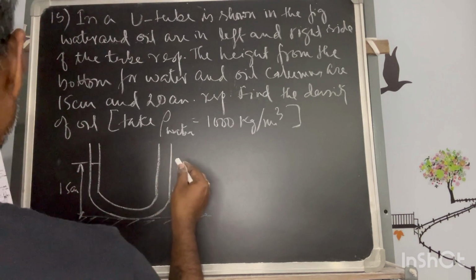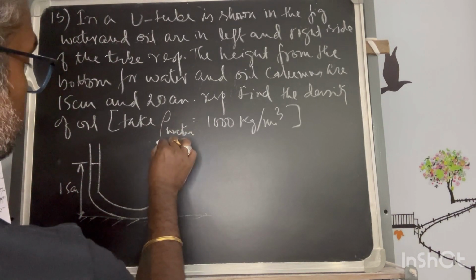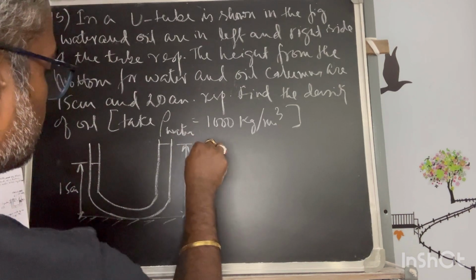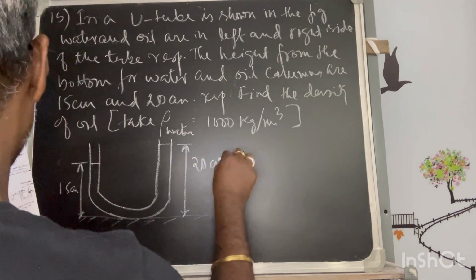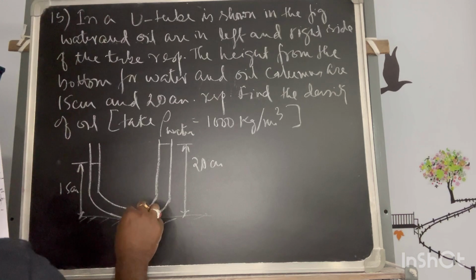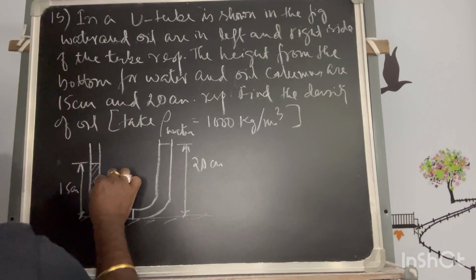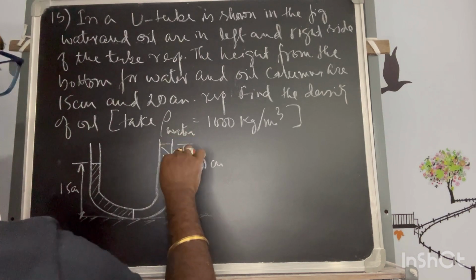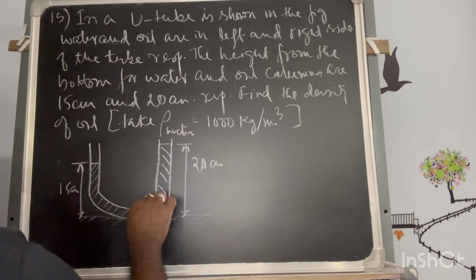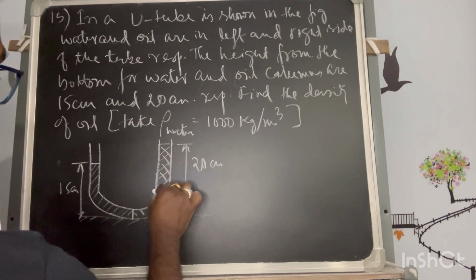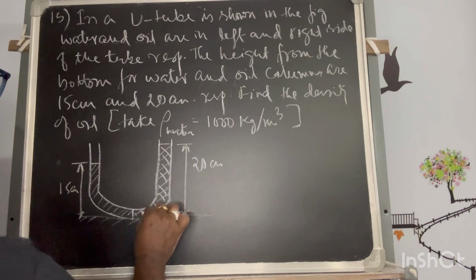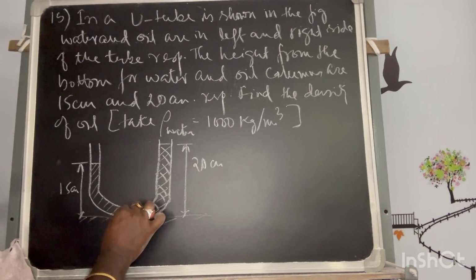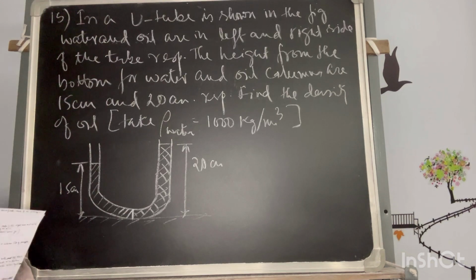15 centimeter, 20 centimeter. There is a sliding boundary given. So this is the sliding boundary and this is the other liquid on the other side.